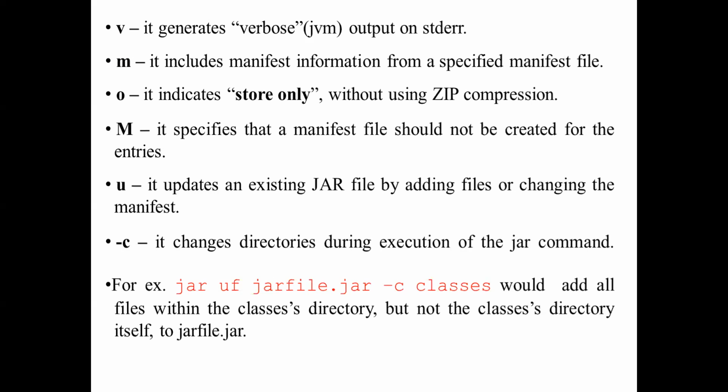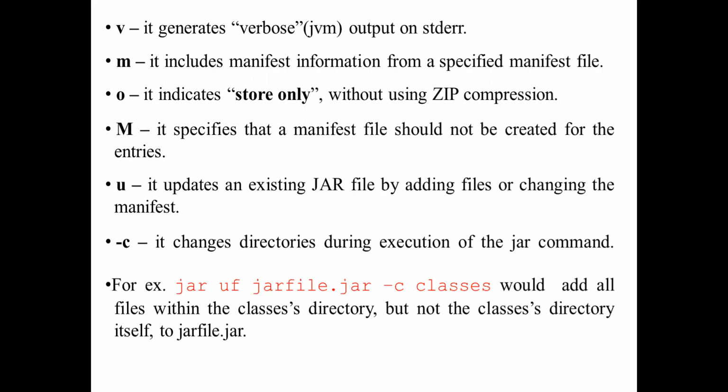The capital M specifies that the manifest file should not be created for the entries. So M is about manifest files, but no entry is created when you use the capital M. Then u means we can update the existing jar file by adding files or making any change in the manifest file.